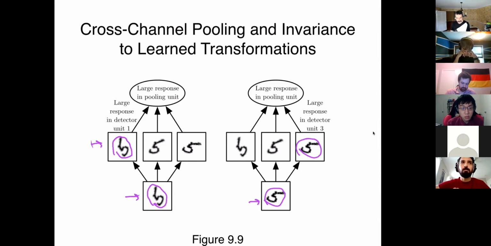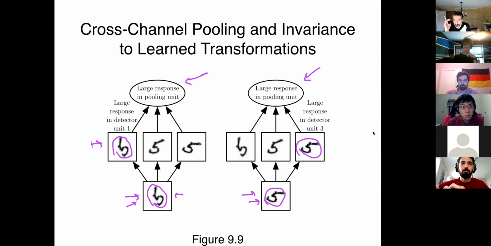But if you use max pooling across channels, every time you show any image, either this or this, since you take the max across channels, you always get activation in this layer. It doesn't matter whether you show this or that one, you get a large response in your pooling unit.